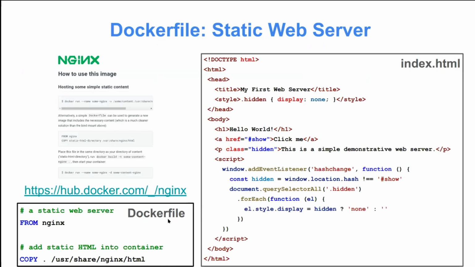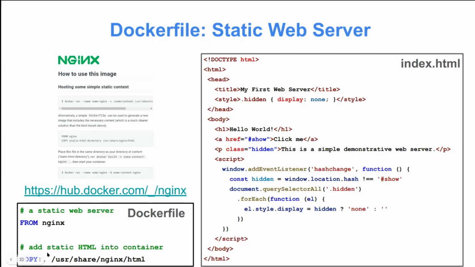So as an example, we can build a static web server. Using this Nginx on Docker Hub, you'll find Nginx at this URL, and it gives you some useful README on how to use the image. One way to use it is to create a new Dockerfile, which will be based on Nginx itself, the web server.